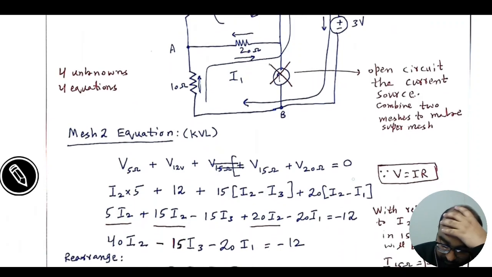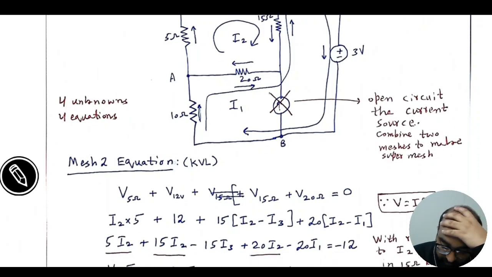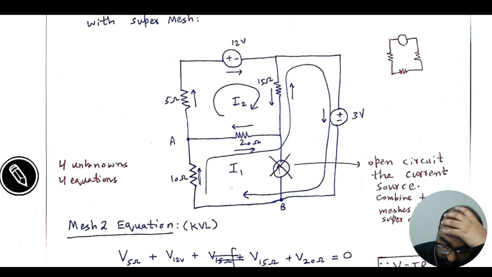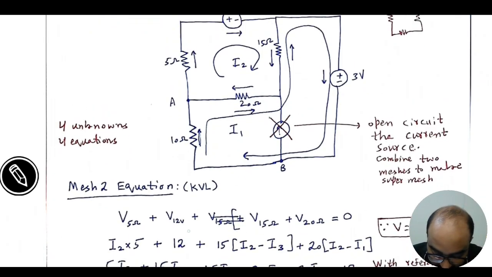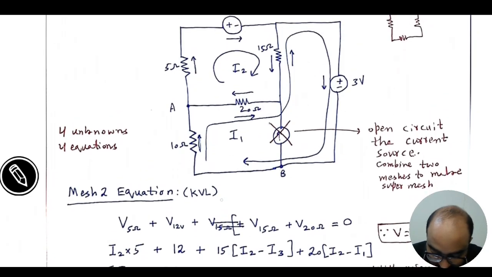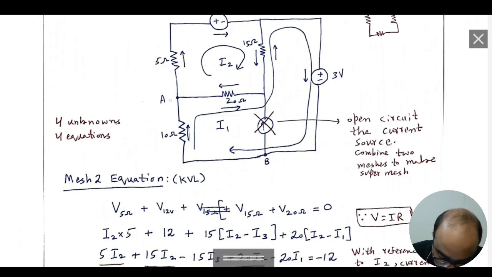Now come to the first equation. We have to write the mesh equation of loop 1 and the super mesh we have just created. So first we are going to write the equation of mesh 2. You can start from any specific point. I have started writing the equation from here.